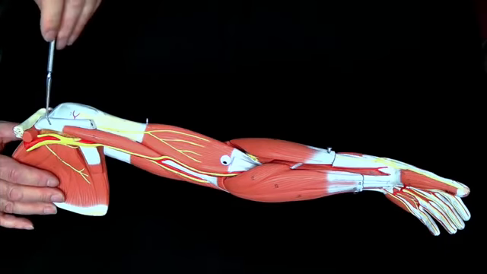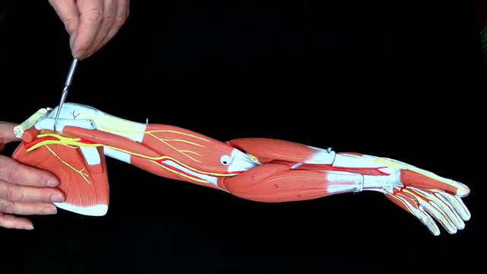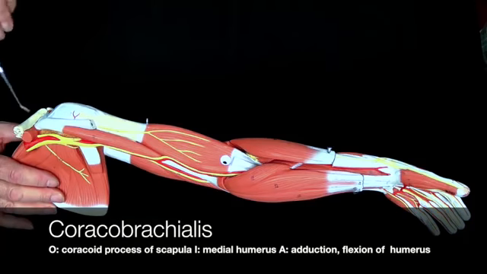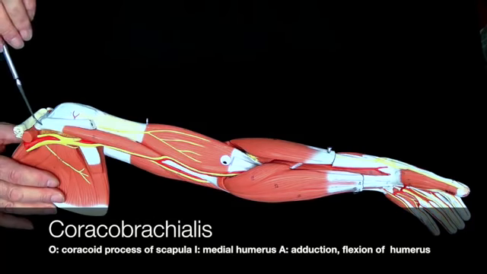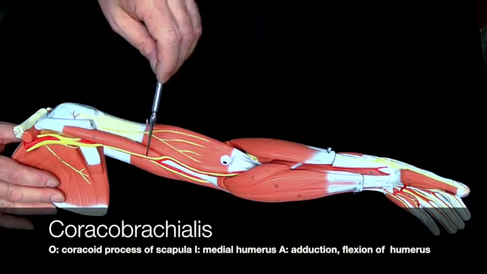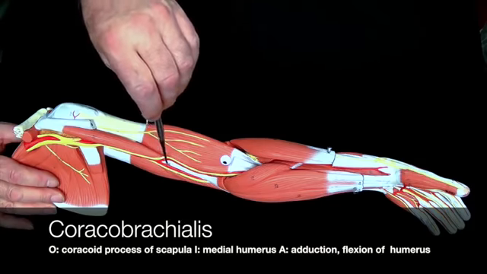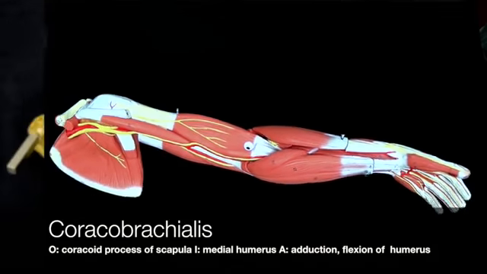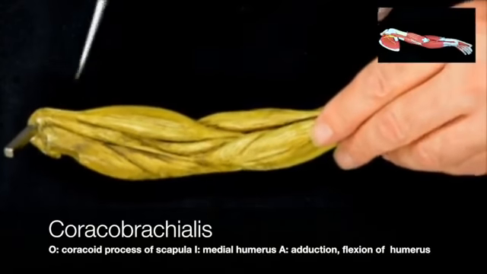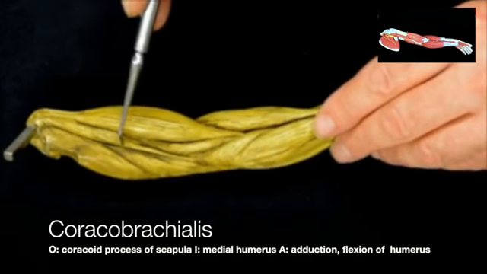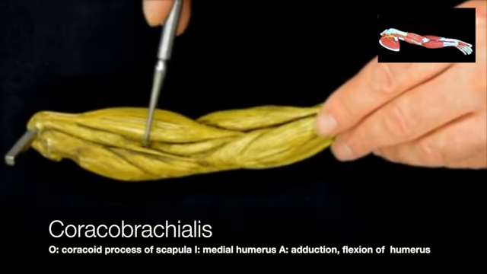Another muscle that deserves a brief mention is the coracobrachialis. This muscle originates on the coracoid process and inserts on the humerus. If we go to our little model here, we can see the coracobrachialis right here.